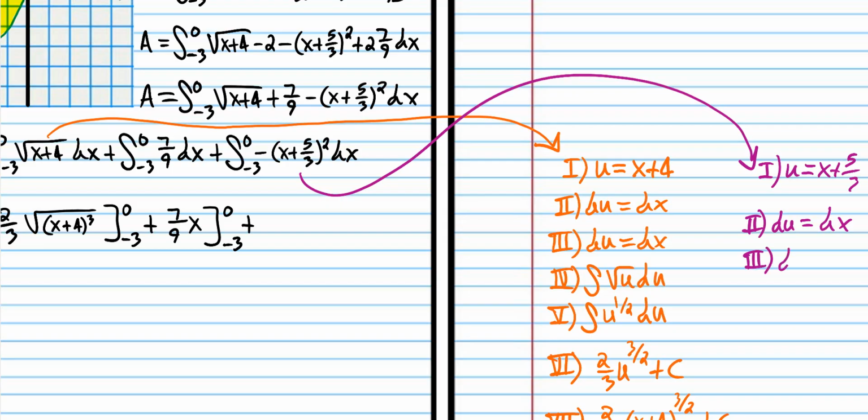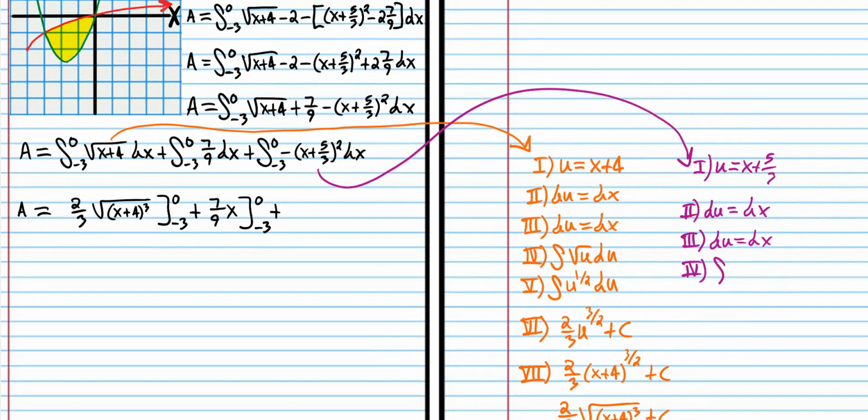And then I'm going to write the integral with u, in terms of u. And then step 5 is to cancel out the x's, but there's no x's to cancel out. Step 6, find the antiderivative.